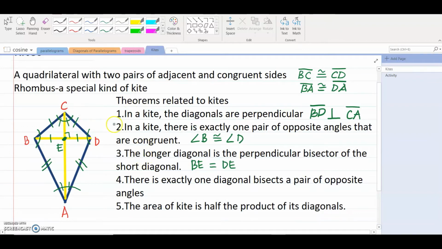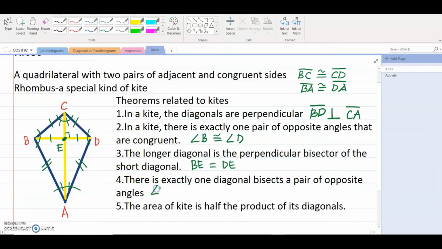Okay. So that is the role of the word bisect. It divides this angle into two congruent angles. So we can jot it down.